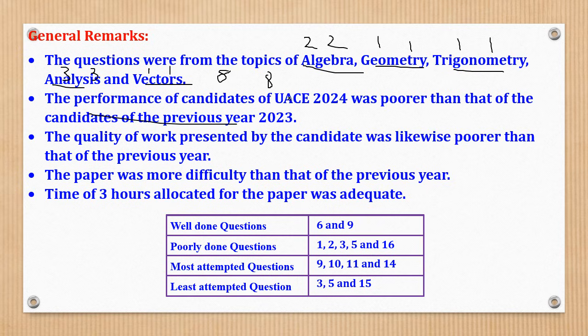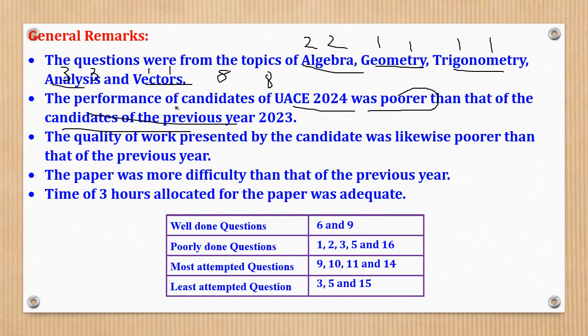The performance of candidates in 2024 was poorer. The paper was not done as well as that of candidates in the previous year. So there was a decline in the performance. And one of the reasons is not going through the paper done in the previous year.